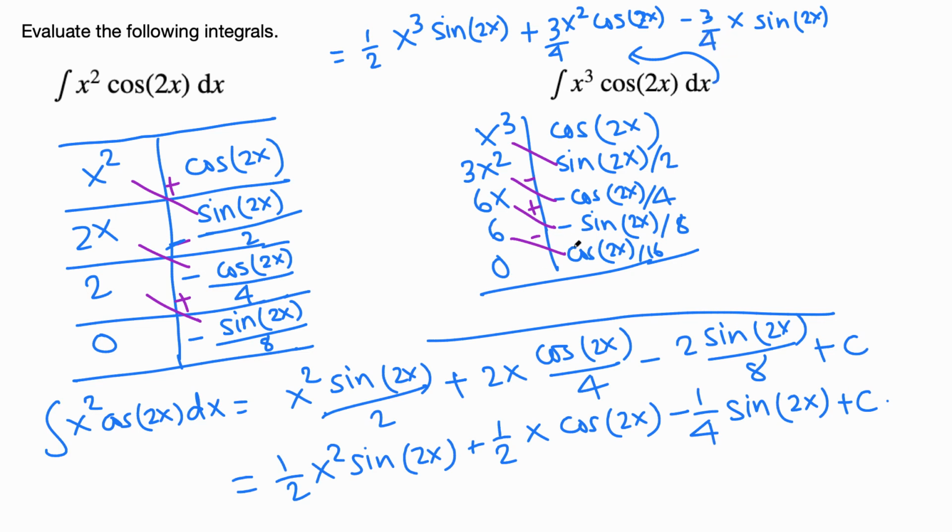And finally we get minus 6 times cosine 2x over 16, 6 over 16, dividing by 2 gives 3/8. In fact, this negative sign I'll put over there, and obviously plus c, the constant of integration. So we got 1, 2, 3, 4 terms plus c, final.